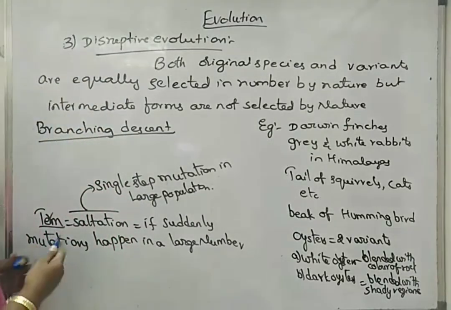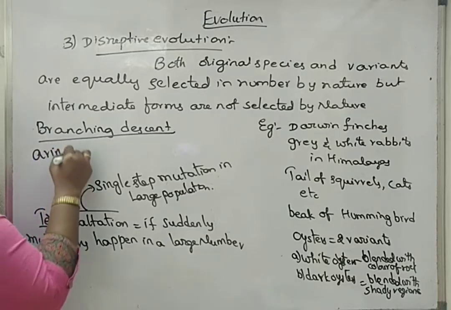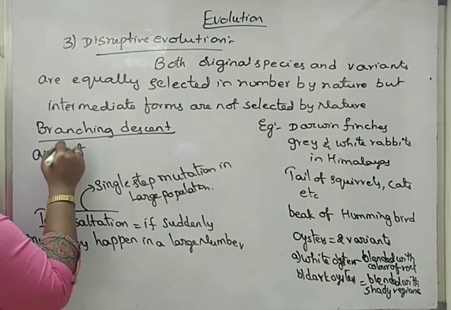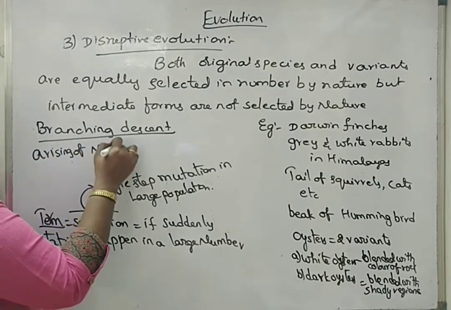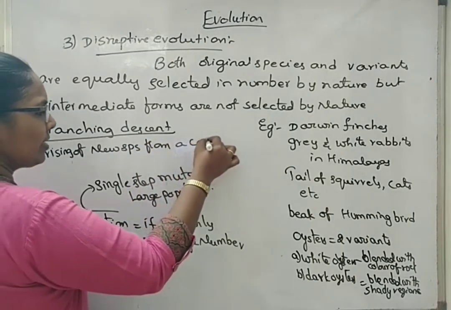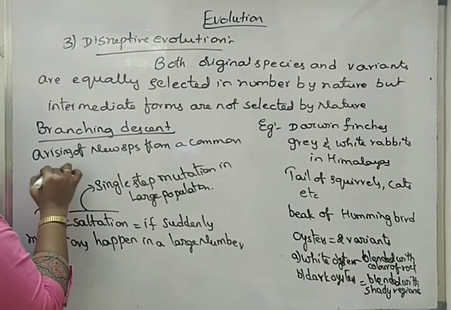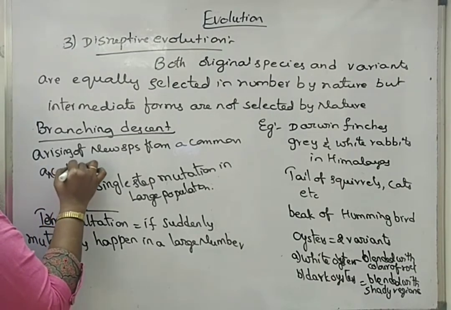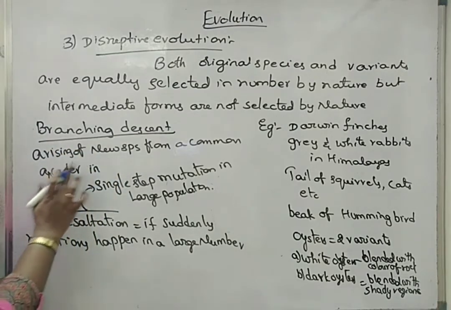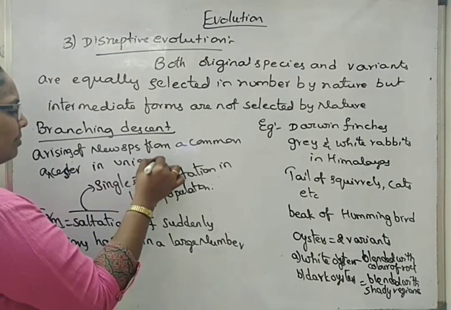But here, in case of branching descent, it is the arising of new species from a common ancestor in a unique habitat.